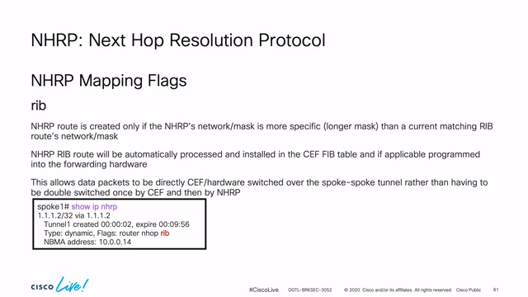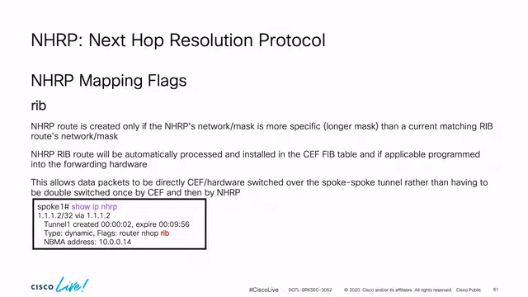So in this particular case, an NHRP route is only created if the NHRP's network and mask is more specific, or rather it's a longer match, than a current matching rib route within the routing table. So this is something which is very, very important that we understand.